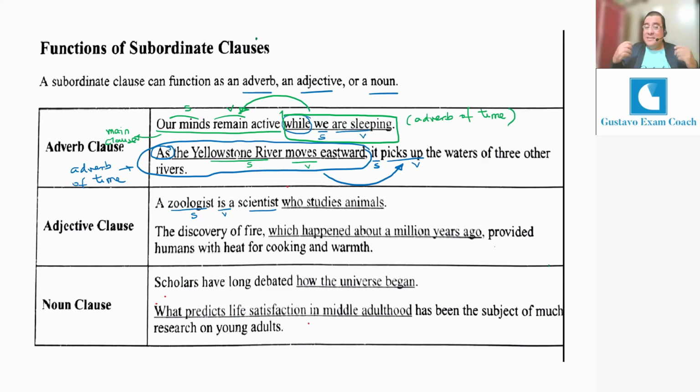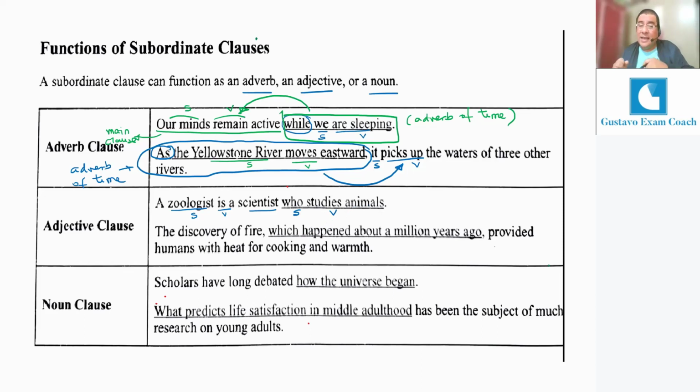In order to answer this question, what kind of scientist is a zoologist? Well, you could say, oh, it's a very clever scientist, it's a humanitarian scientist, it's a very active scientist, a good scientist, or a scientist that believes in God, or a scientist who studies animals. We are using the whole clause who studies animals as an adjective for scientist.